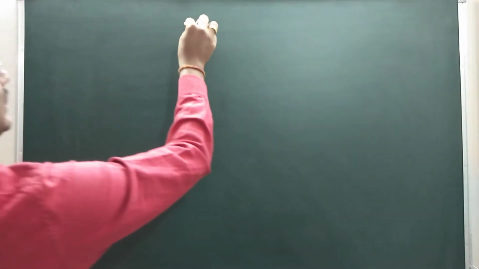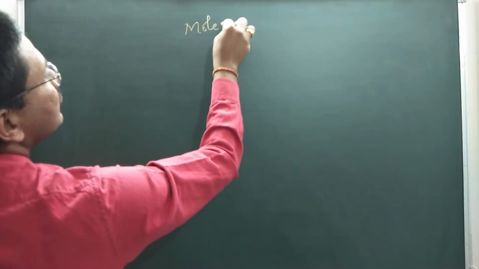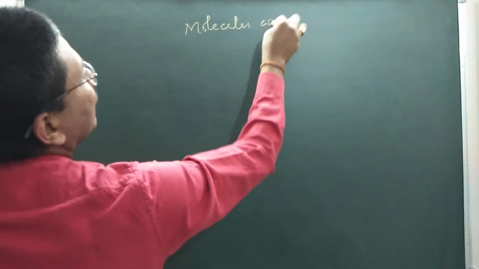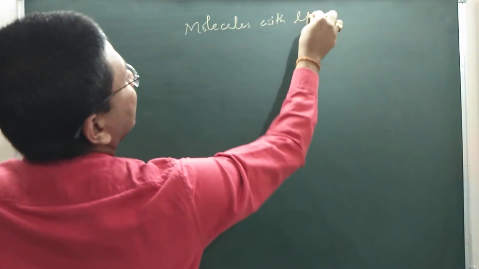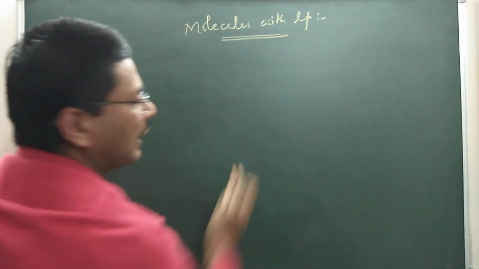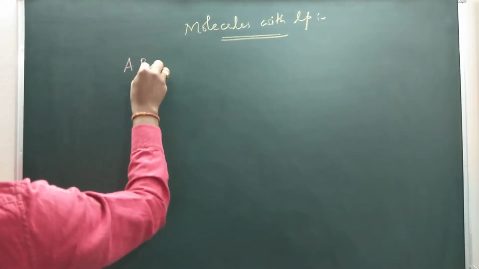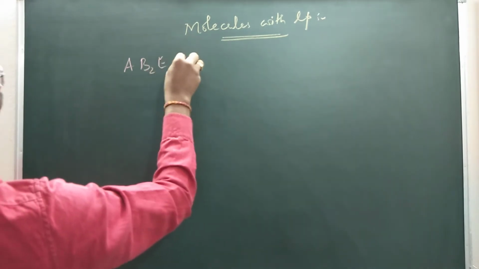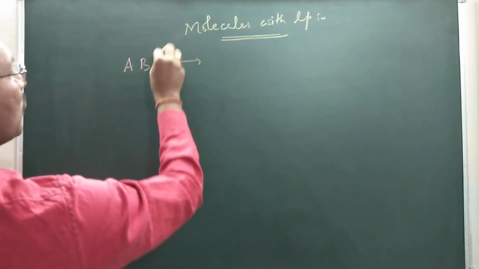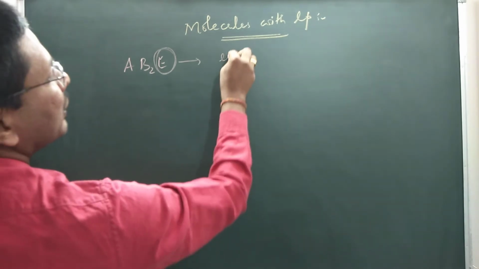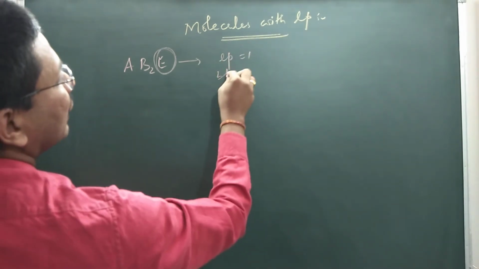Now we will discuss the shapes of molecules with lone pair. So how to decide the shape based on lone pair? Suppose AB2E type. Keep in mind that this E will give you the hint about the lone pair. So here lone pair is 1 and bond pairs are 2.